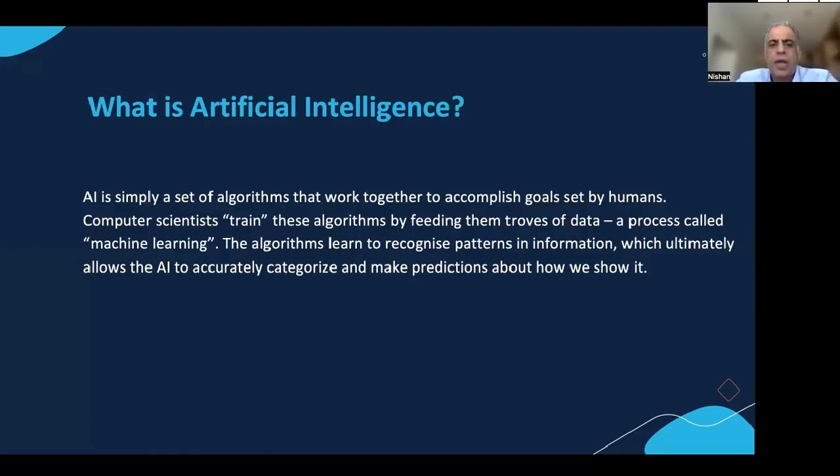But AI, to put it simply, is a set of algorithms that work together to accomplish goals set by humans. Computer scientists train these algorithms by feeding them troves of data. This process is called machine learning. The algorithms learn to recognize patterns in information, which ultimately allows the AI to accurately categorize and make predictions about how we show it.